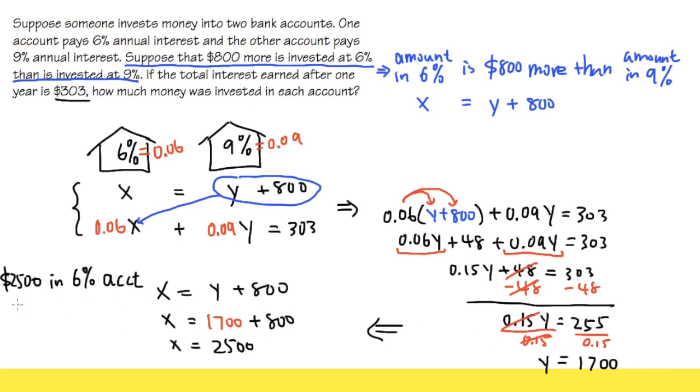And on the other hand, 1700, that will be the amount in the 9% account. 9% ACCT. Once again, that's account. And this is how we will present our answer. And now I would like you guys to try the next one first.